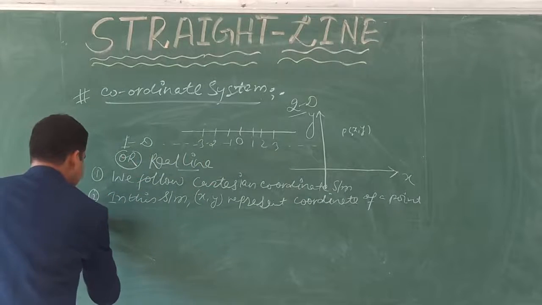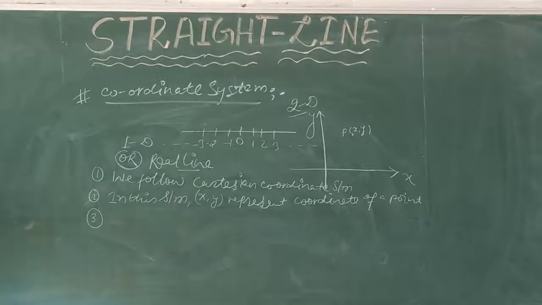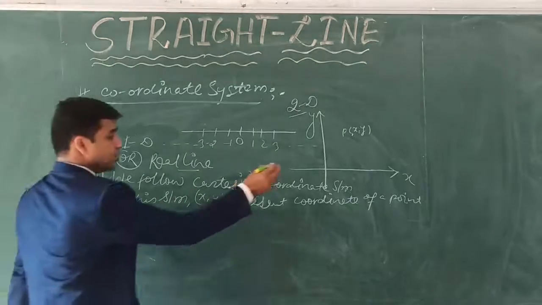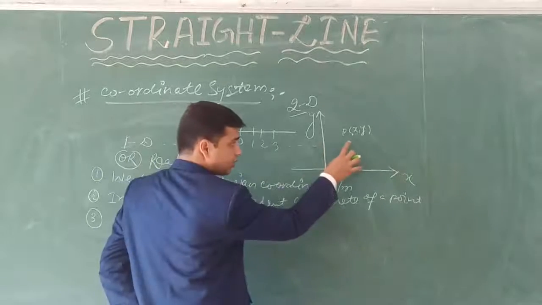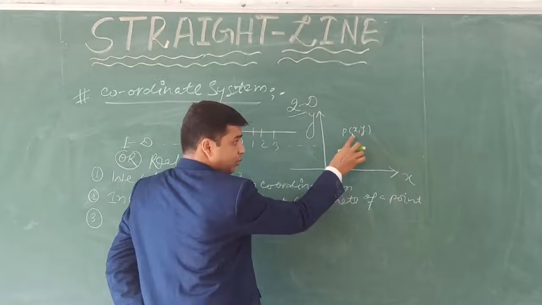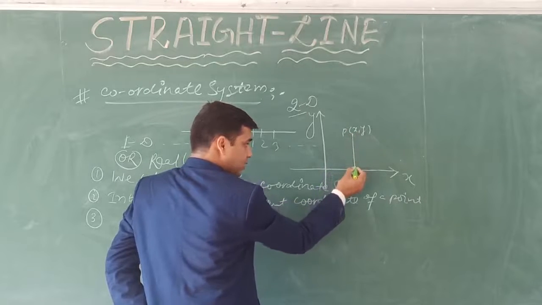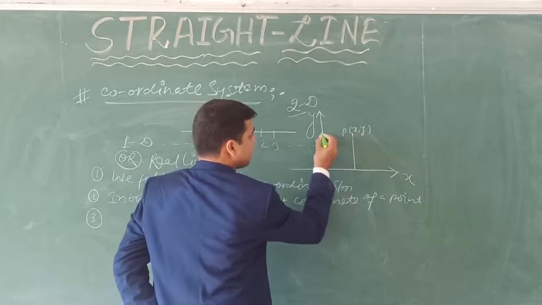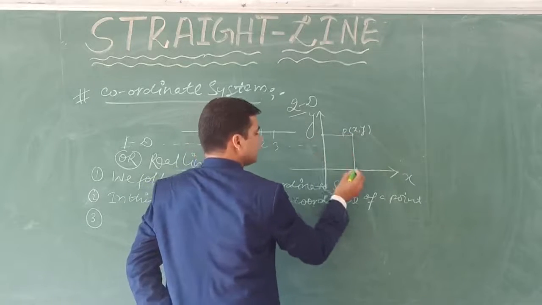Now point number third. Now we are going to discuss quadrant. Suppose this is a point P. First of all I am going to discuss this one here. This is a point P. I am going to draw a line which is perpendicular to the x axis. This one is perpendicular to the y axis. So this is a point here and this is also a point here.